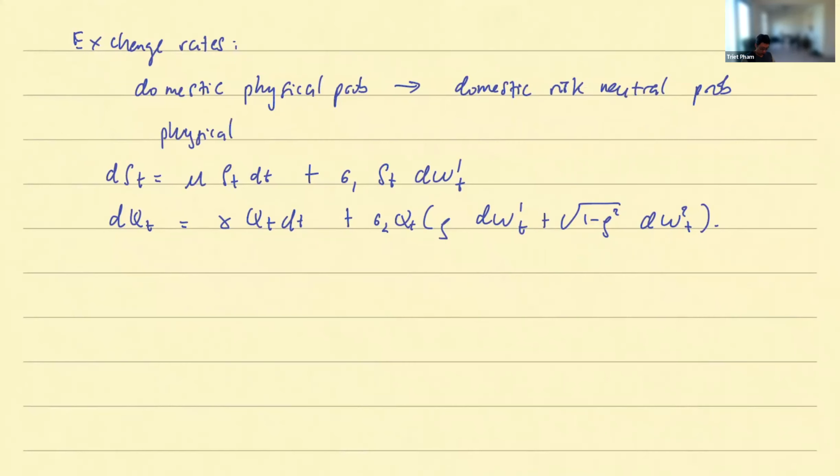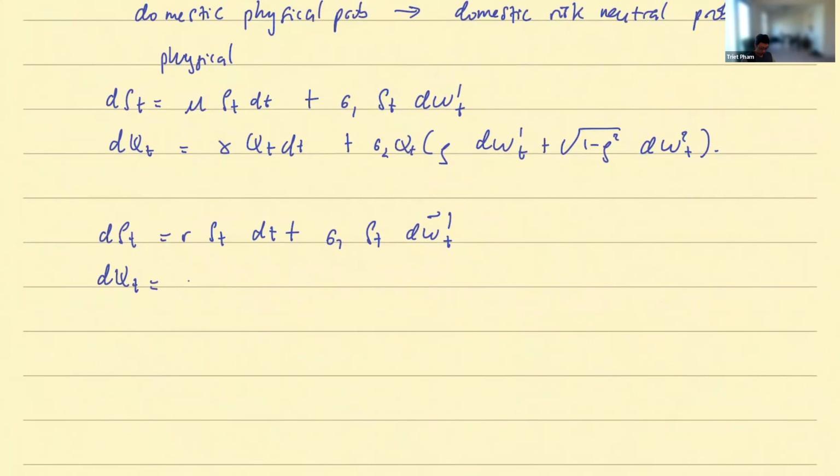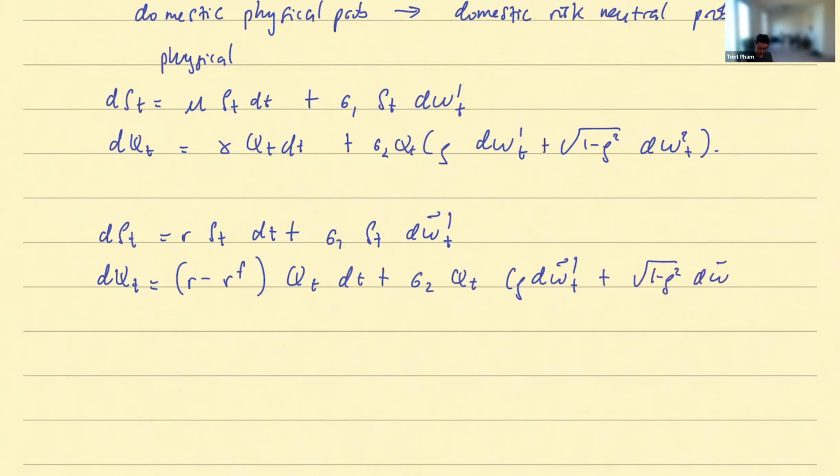Then the conversion from physical requires us to recognize that the stock is pretty standard, but the exchange rate is rather new, in the sense that the rate of return for the exchange rate is not R, but R minus RF.